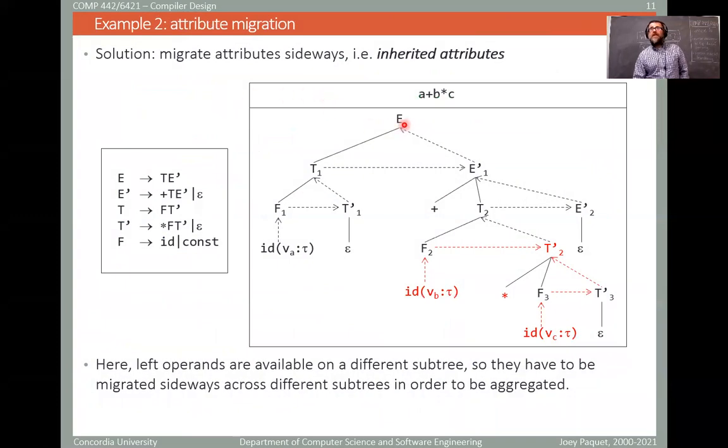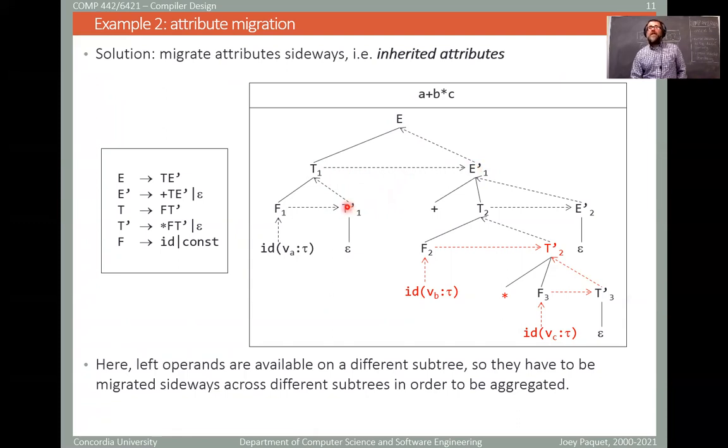You process an E, you actually need this synthesized attribute of the T that it gets from here. So that's a synthesized attribute of a T that flows here. And then you need also a synthesized attribute of the E prime that is represented here. So that as E is doing its processing, it needs this synthesized attribute of T and this synthesized attribute of an E prime.